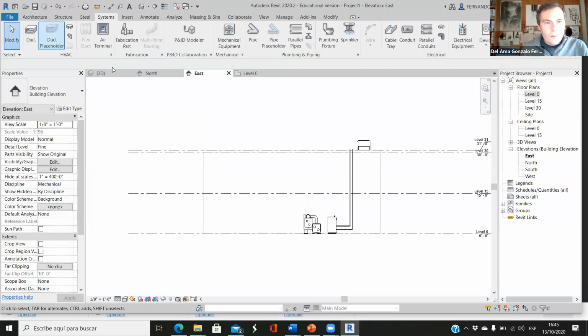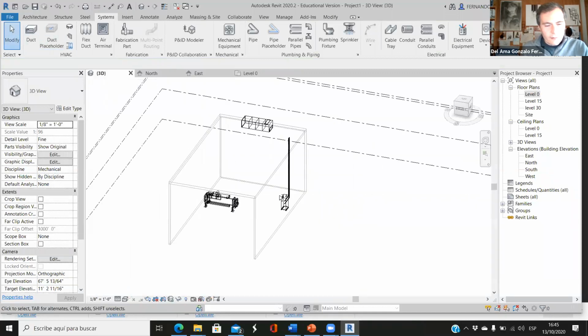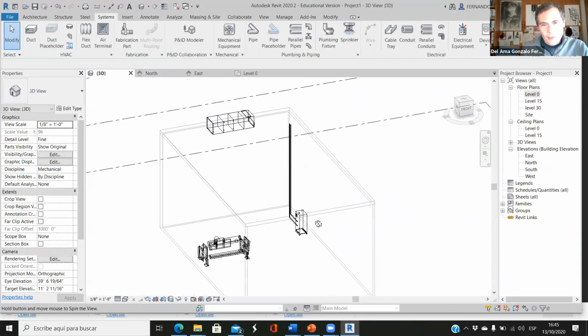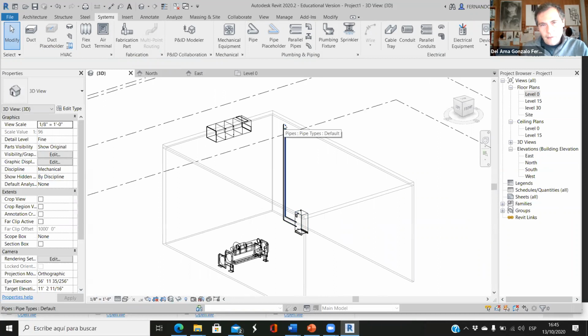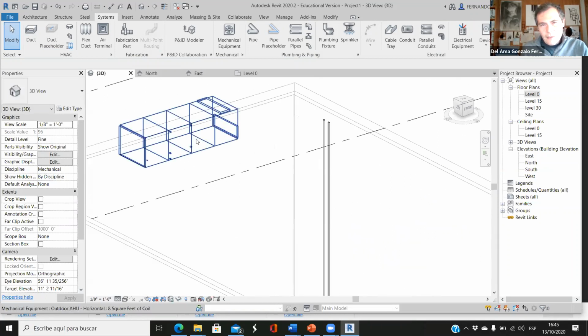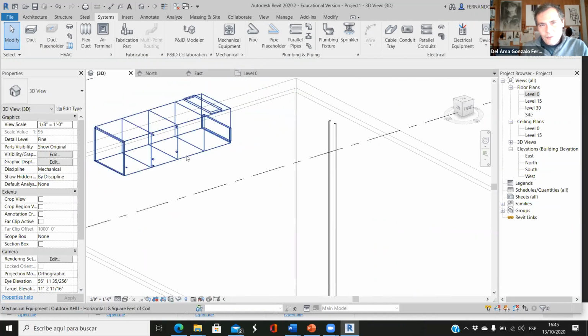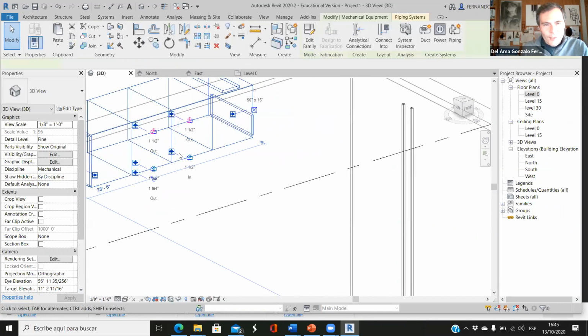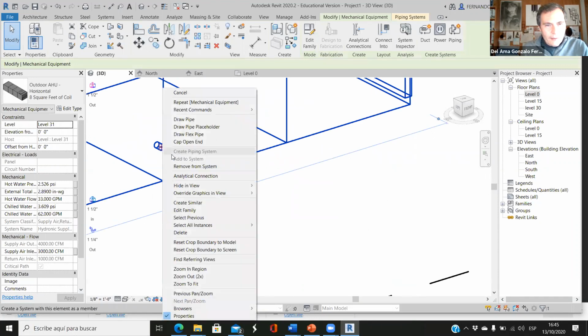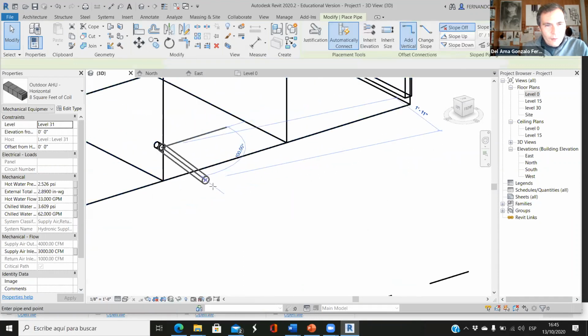Okay, so now on this level, this is what we have. So we go out and then go up, and then we have to connect this to this. But now what is the inlet and what is the outlet? Well, good question. We can start this here. We can draw a pipe.